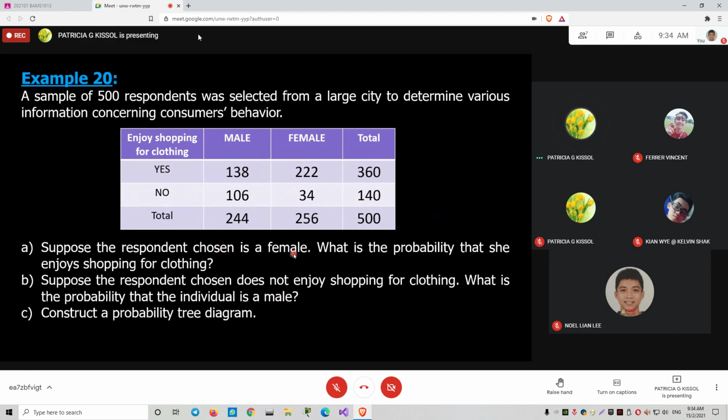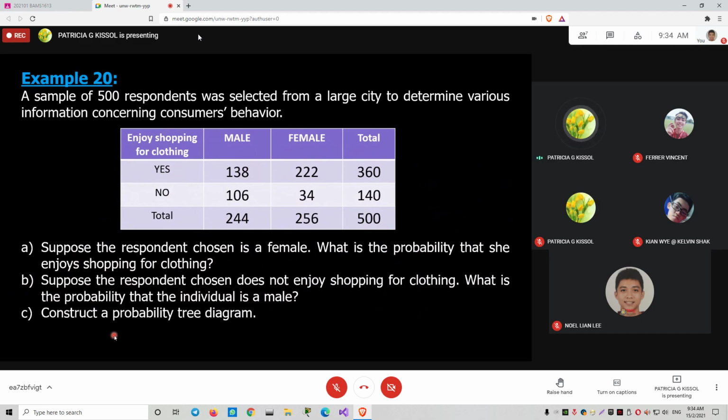We have female as the given condition, and we want to know the probability that she enjoys shopping for clothing. On part B, the given is does not enjoy shopping, and we want the probability that the person is a male. And part C is simply to construct the probability tree.